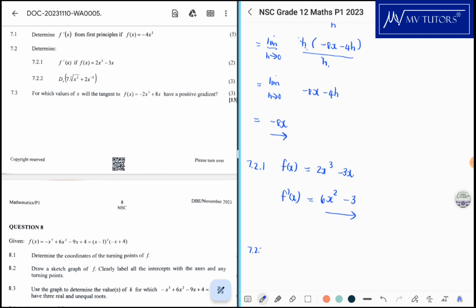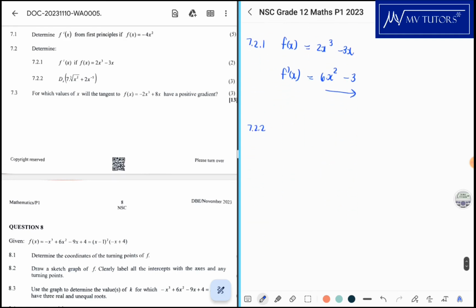And now 7.2.2. Yeah, the derivative of all of that. Let's firstly just write it out nicely. So we have 7 times the cube root of x squared. Okay, so it's the same as saying x to the power 2 over 3. And then we have plus 2 x to the negative 5.